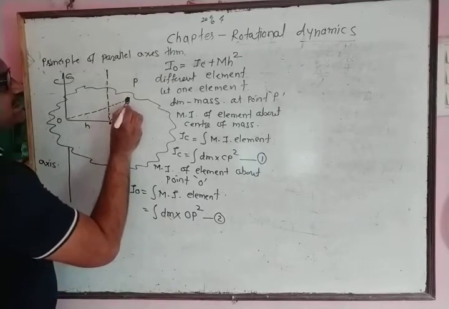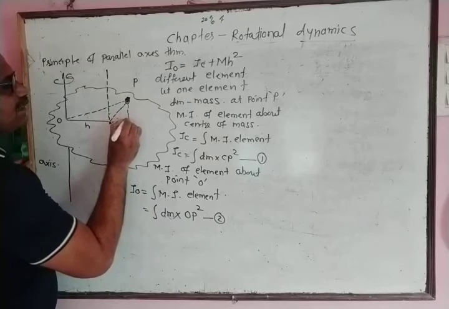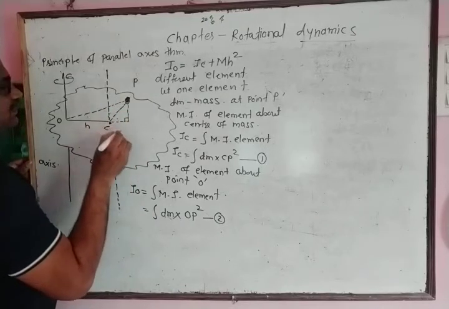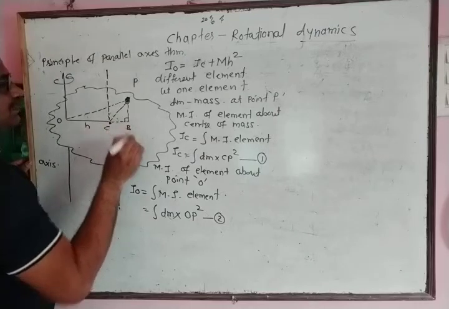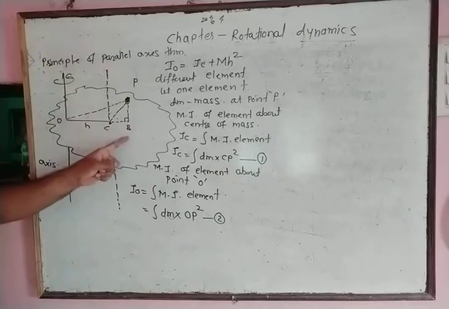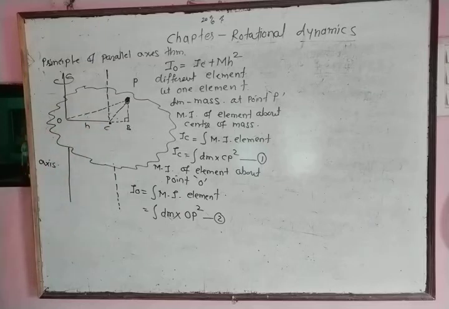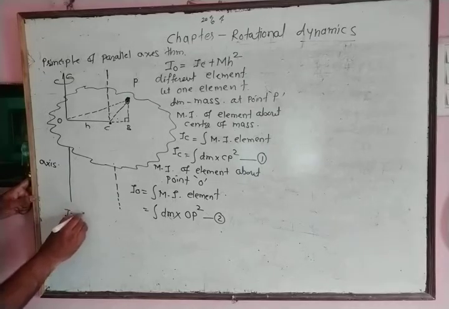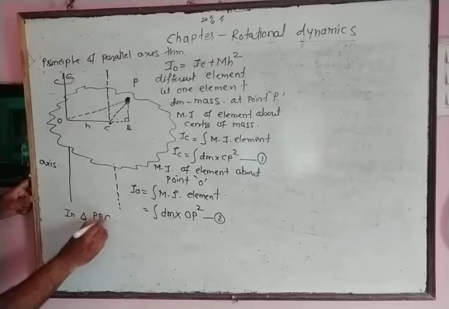and consider CP. It is perpendicular. Suppose BP is perpendicular to the OC produced. Now we have a triangle. Consider triangle BPC.